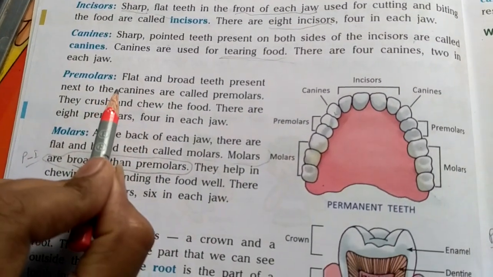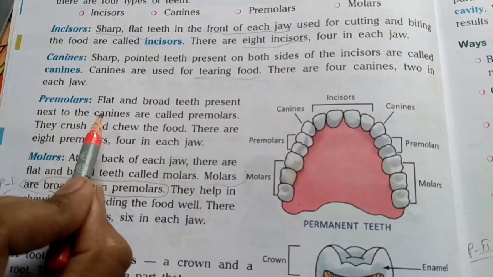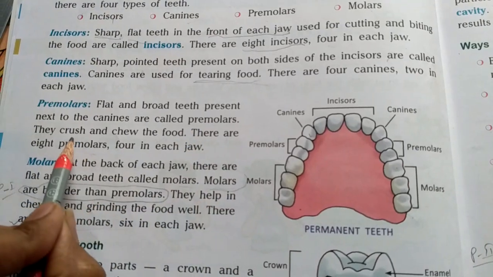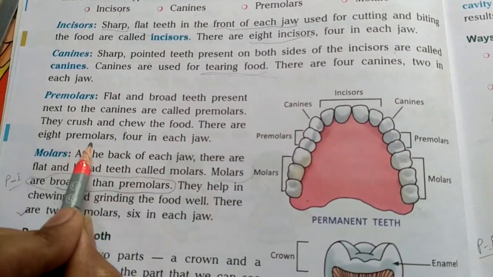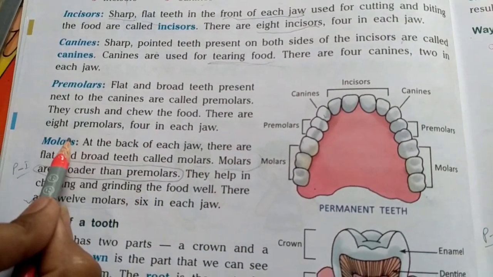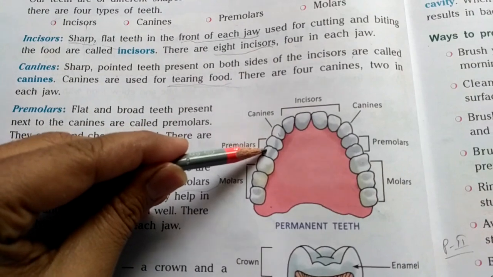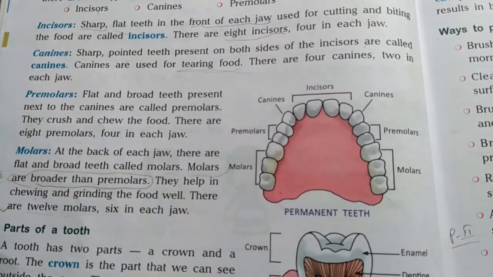Then there were premolars. Premolars were flat and broad teeth present next to the canines, and they help in crushing and chewing the food. There are 8 premolars, 4 in the upper jaw and 4 in the lower jaw.